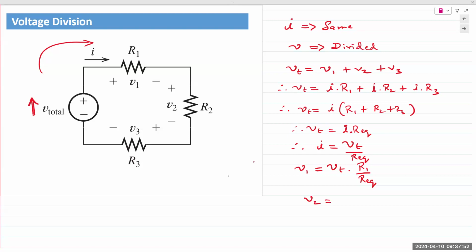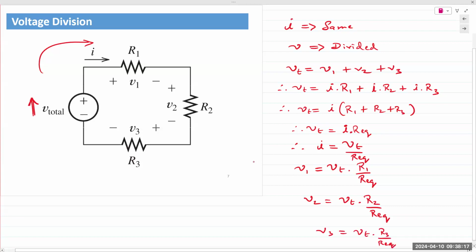You don't have to find the current, because you can find the voltage directly from REQ. VT over REQ gives you the current, so it saves you one step. And V3 similarly is VT times R3 over REQ.